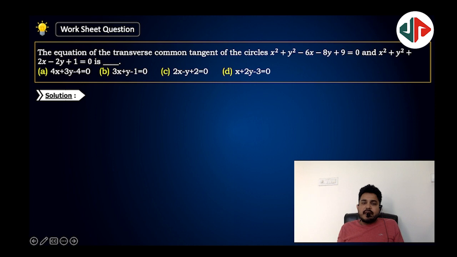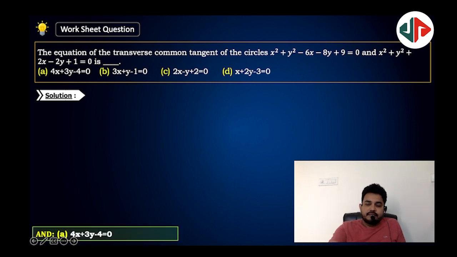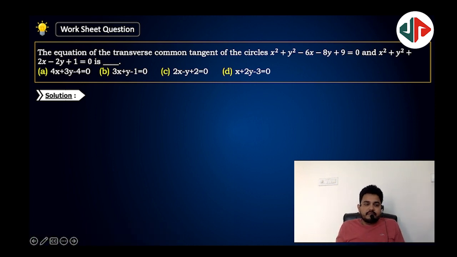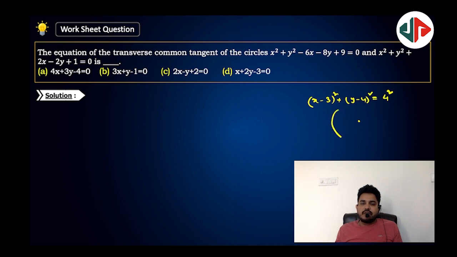So this circle is x minus 3 whole square plus y minus 4 whole square is equal to 4 square. So 3 comma 4 is the center. This is 3 units, this is 4 units. So the circle is going to be this one.